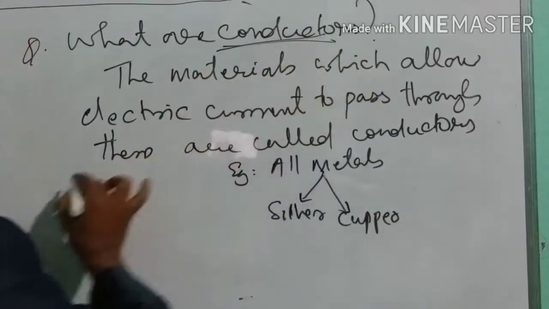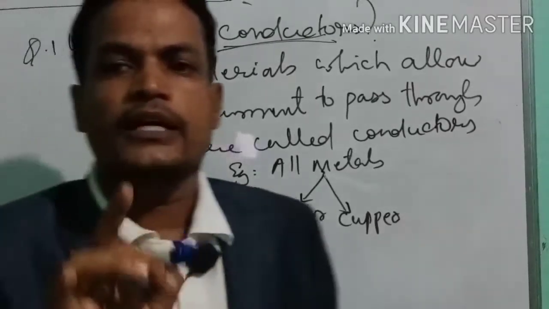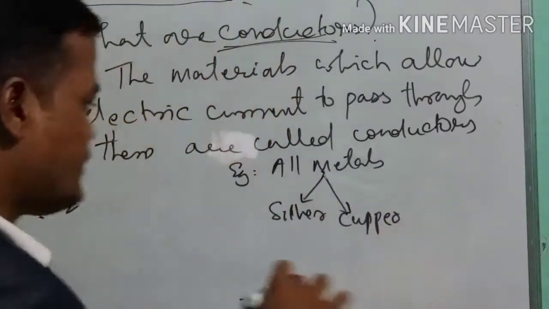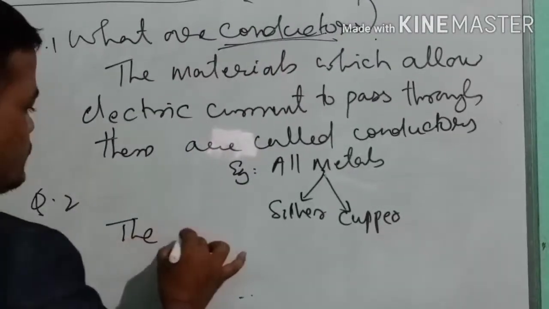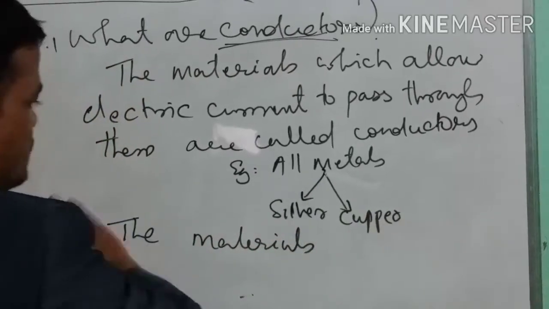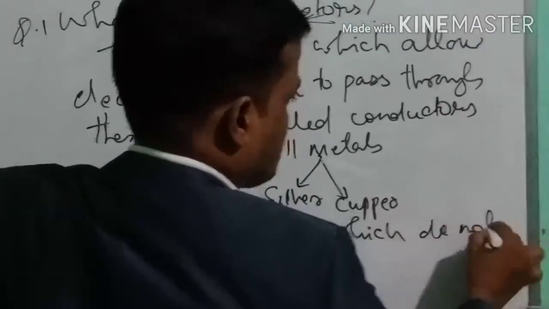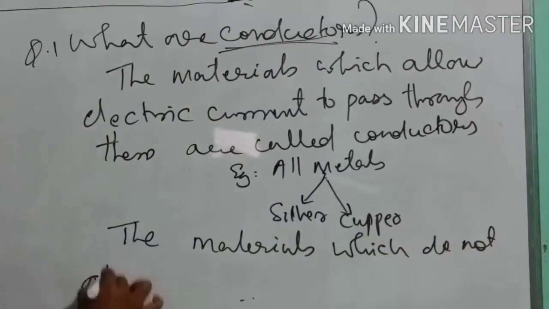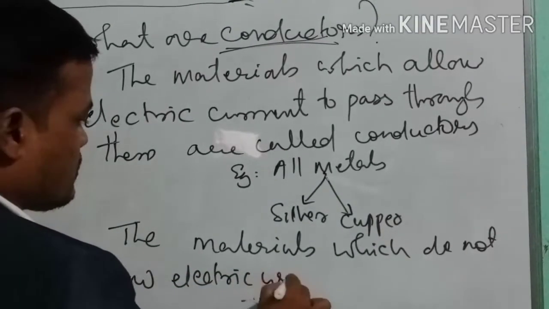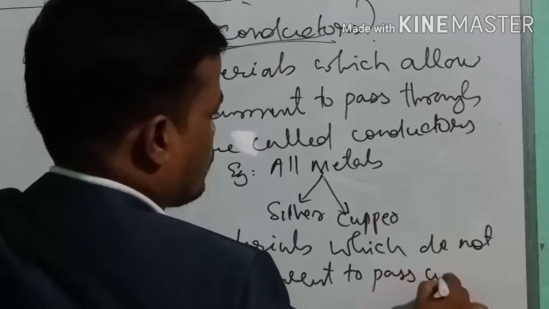What are conductors? And next question, what are insulators? The materials which do not allow electric current to pass through them are called what? Insulators. The materials which do not allow electric current to pass are called insulators.